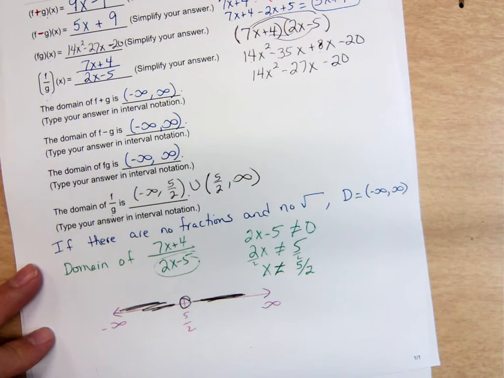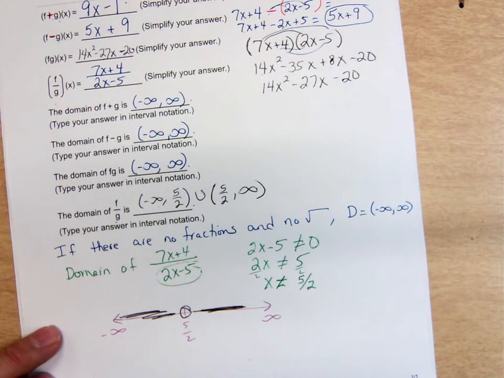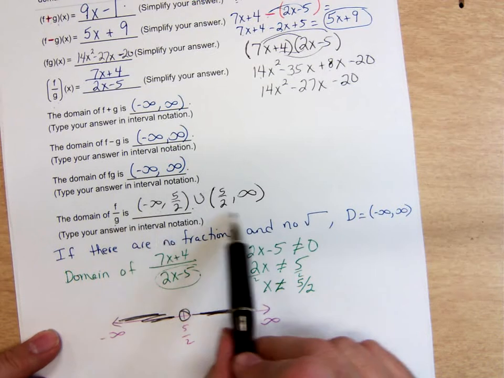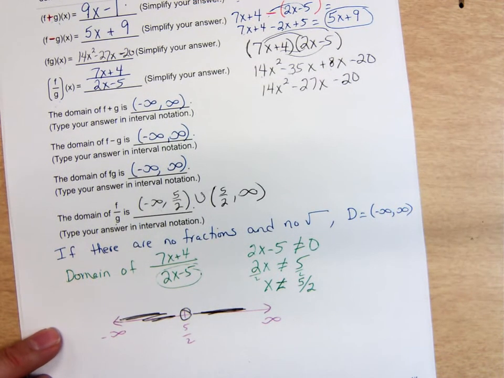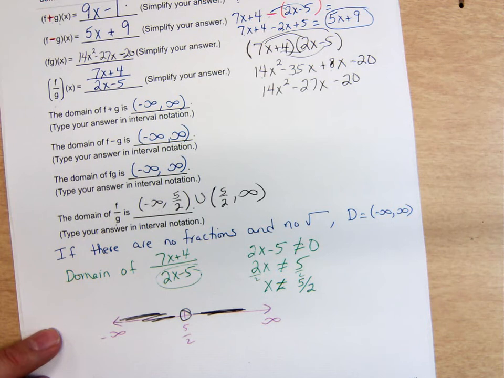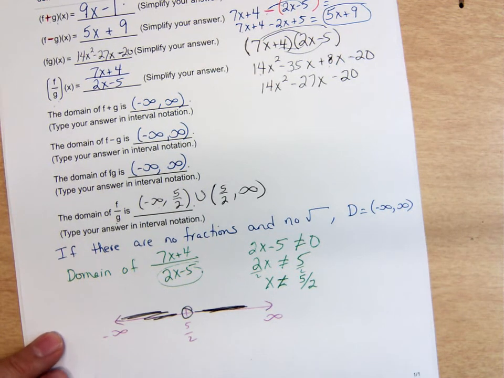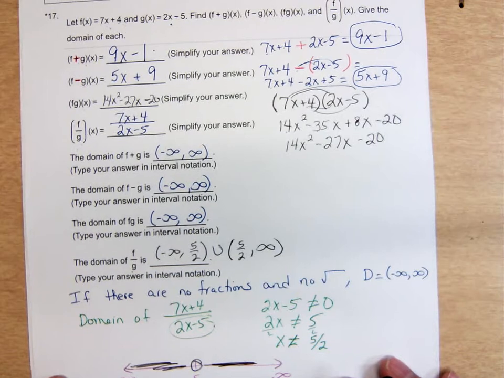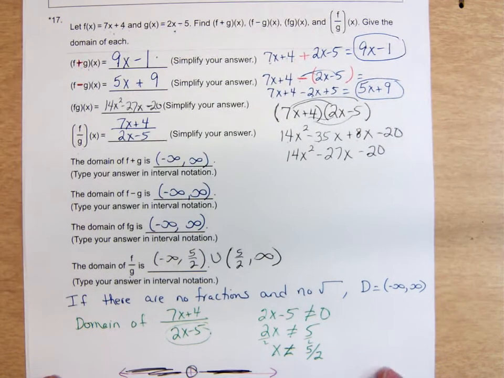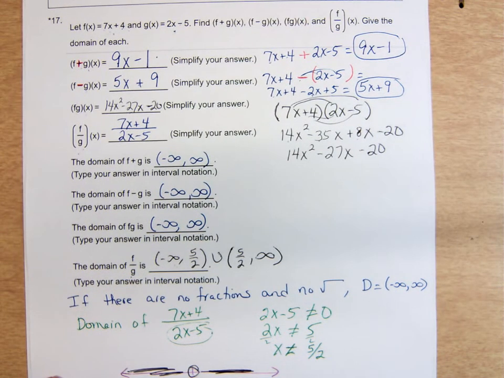Okay? And that's just a fancy way of saying everything except the fraction 5 over 2, or 2.5. Oh, I don't even know if I can get it all on the screen. Okay. Any questions?